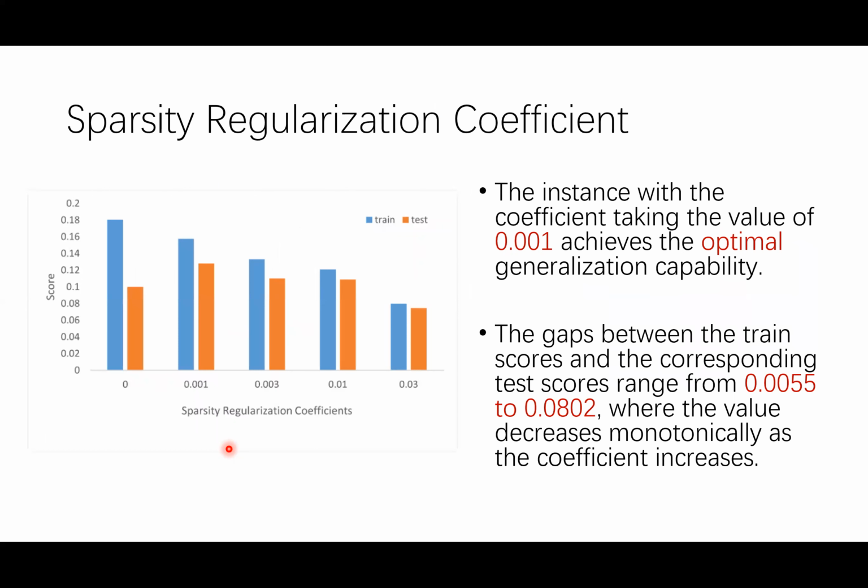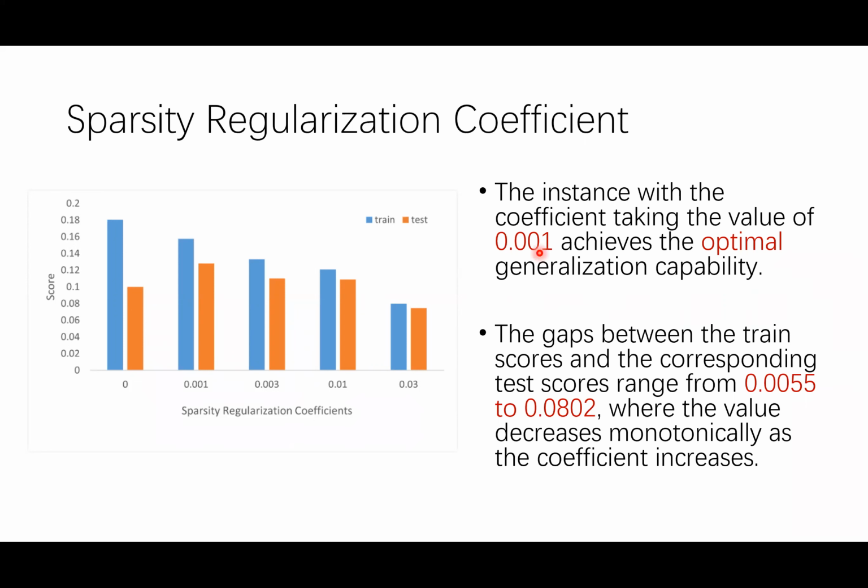Another hyperparameter we analyze is the sparsity regularization coefficient. It specifies the strength of the sparsity regularization loss in the TabNet optimization. And the performance of using different values of these hyperparameters are shown in this figure, where the blue bars show the performance on the train set, and the orange bars show the performance on the test set.